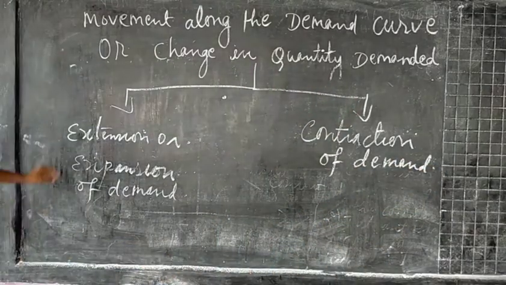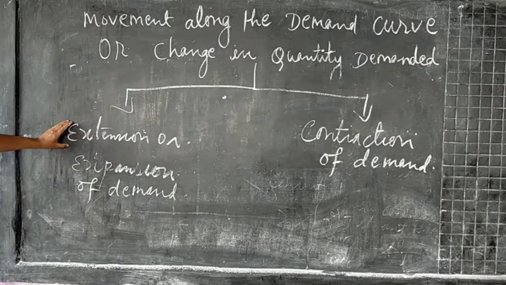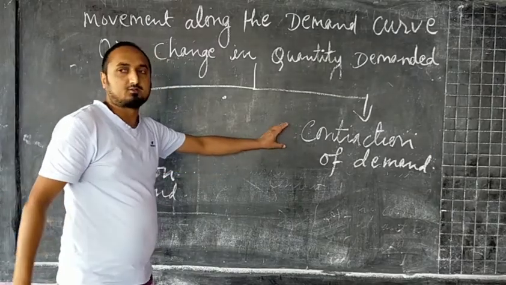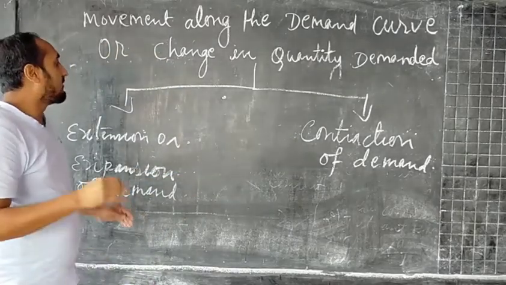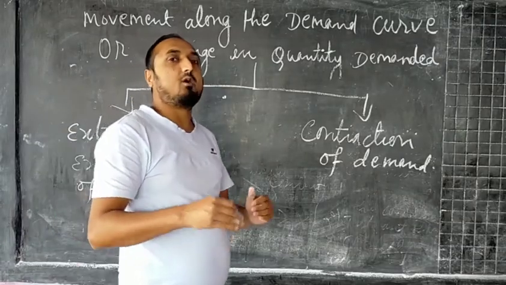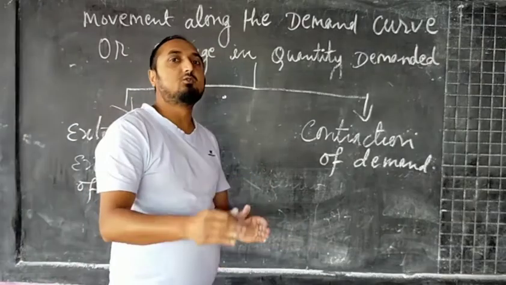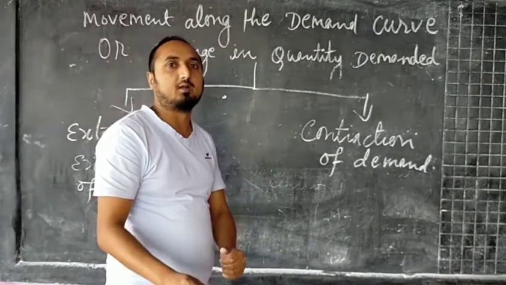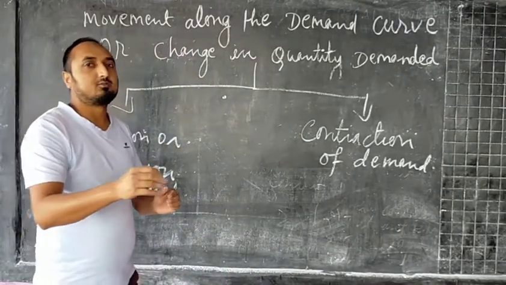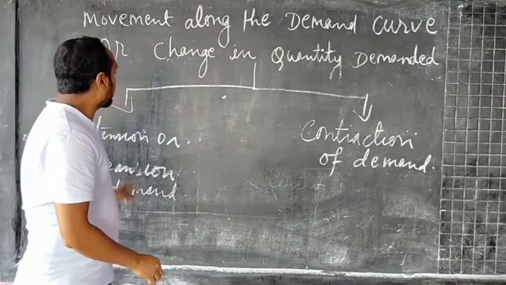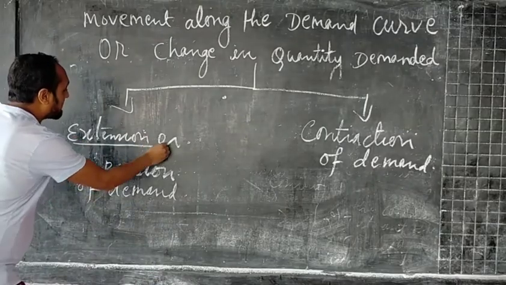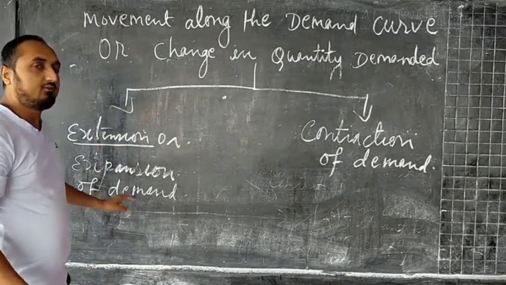Now you have to understand the definitions. Extension of demand means when the quantity demanded of a commodity increases due to a fall in the price of the commodity and the other factors remain constant, that concept is known as extension or expansion of demand.